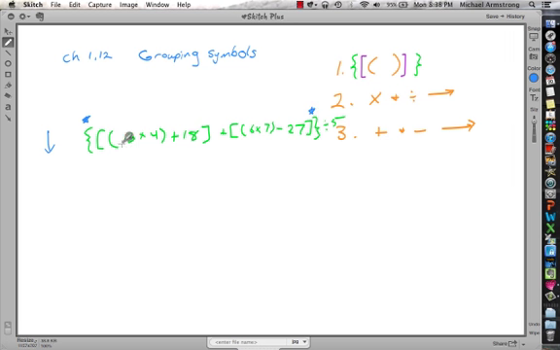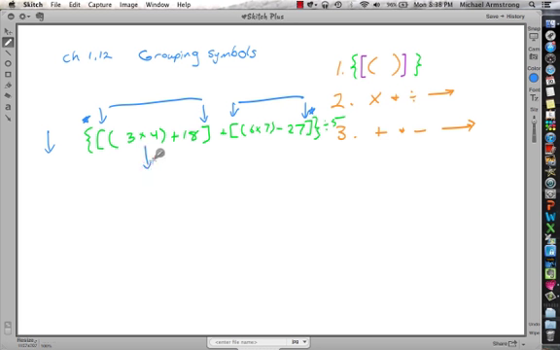So we have to do everything inside this before we divide by 5. But first we have to do what's inside these braces. There's an open and there's a close. What's in between here we have to do before we do the other. And then the parenthesis is the very middle.